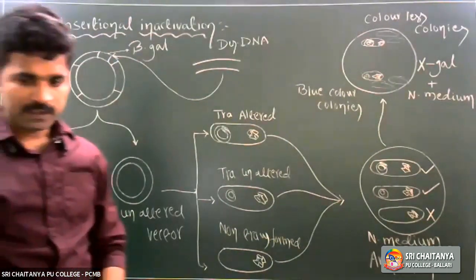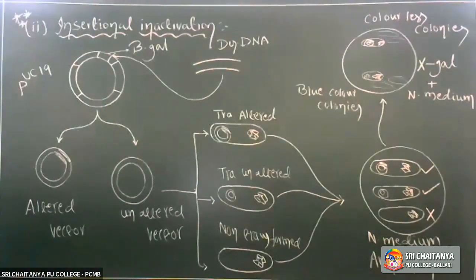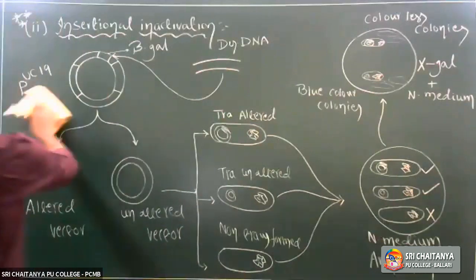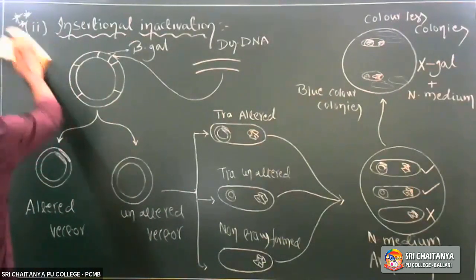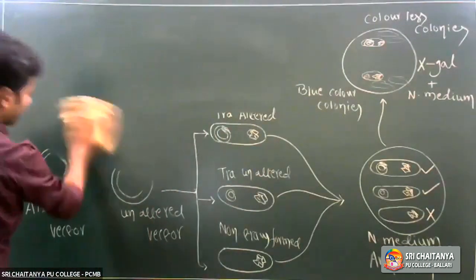Now come to another method, the third method. This third method is not there in NCERT. It is additional information: colony hybridization.